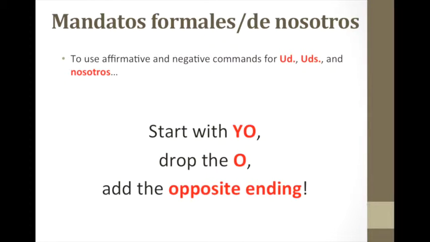So group together, tú commands, usted commands, ustedes commands, and nosotros commands are going to start with yo, drop the O, add the opposite ending. Only affirmative or positive tú commands are going to follow a different path, where they are just the usted form of the verb with the eight regulars: ven, di, sal, haz, ten, pon, sé, ve.